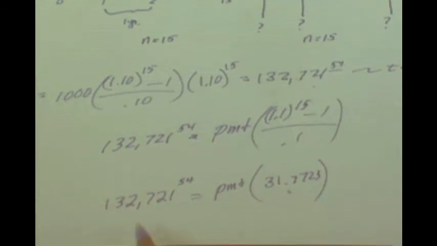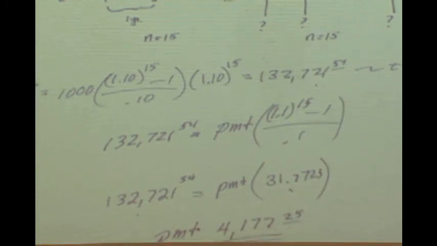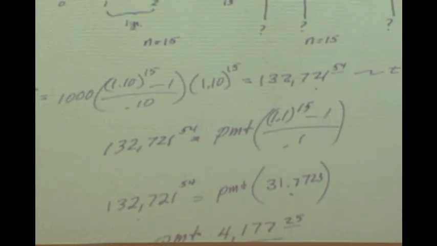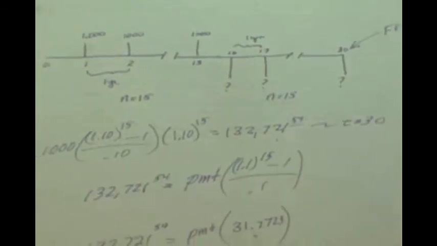Divide 31.7725 into 132,000, we see that our payment can be $4,177.25. If we take this equal payment out, at the time we take the last payment, we will have exhausted our account. We'll have a balance of 0.